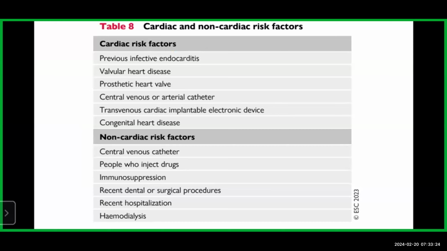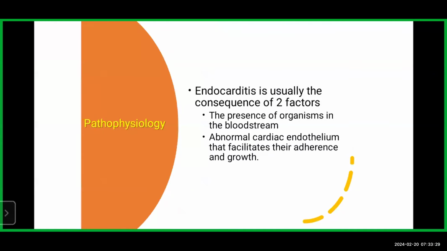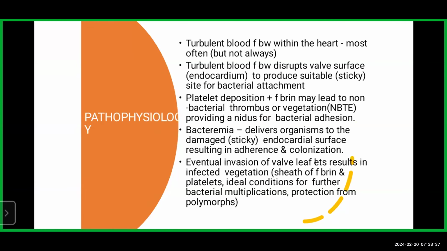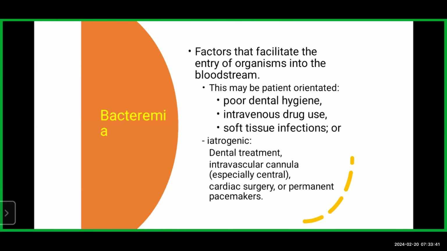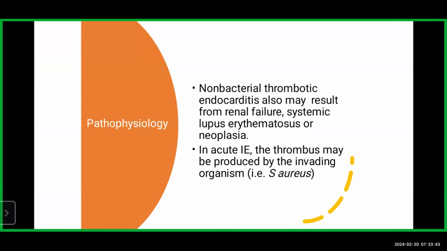So this divides the risk factors into cardiac and non-cardiac risk factors. Endocarditis is usually a consequence of two factors: the presence of organisms in the bloodstream and abnormal cardiac endothelium, which facilitates their growth and adherence. So all these things will eventually lead to bacteremia.